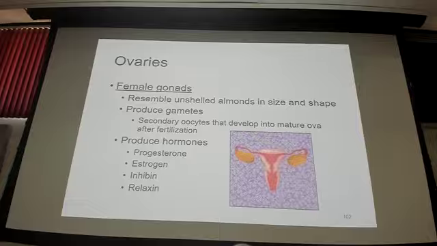So in this case, we're talking about the analogous structure to the testicles, which is the ovaries, all right? They're about the size of almonds, so when you are out there doing well woman exams or bimanual exams and you don't feel ovaries, that's good. Because you shouldn't usually be able to palpate an ovary unless you have an extremely thin-walled patient.